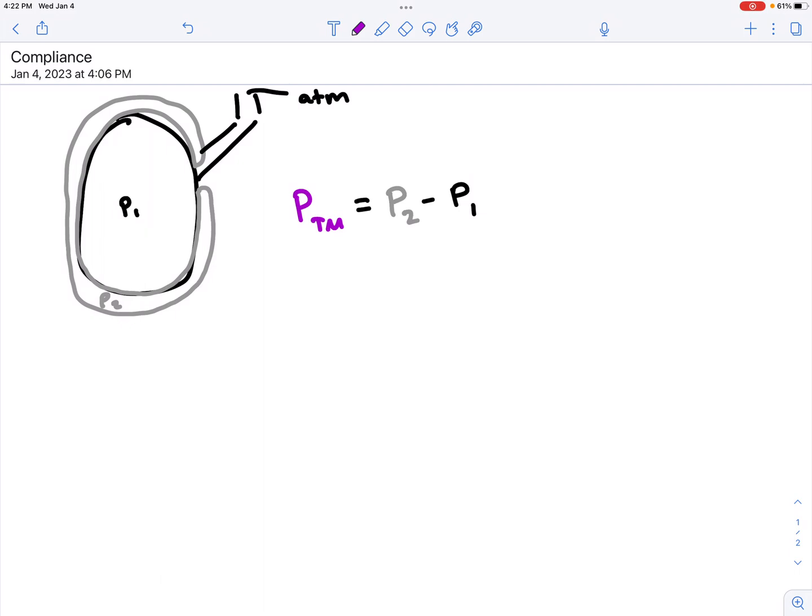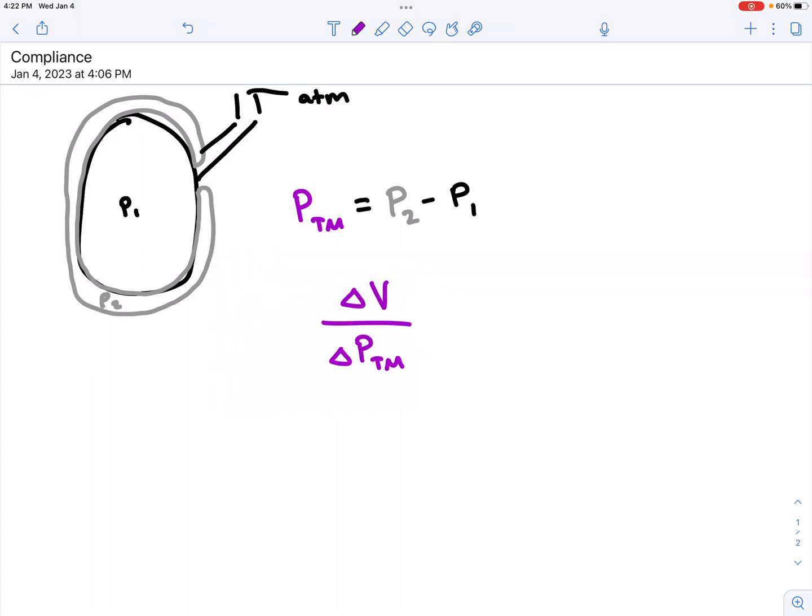It allows us to answer the question of, if we change the transmural pressure, in other words, if we change the P2 pressure, not by expanding the pleural space, because it's incompressible, but by pulling down on the parietal pleura, what is the change in lung volume associated with that? And this is the definition of compliance. So let me write it like this, actually.